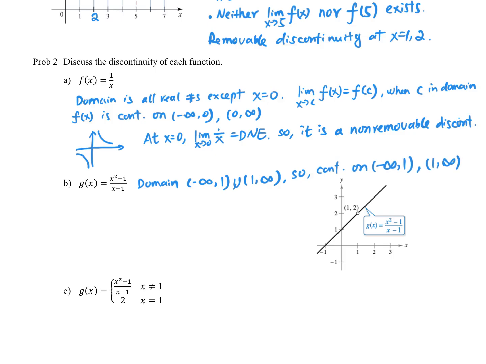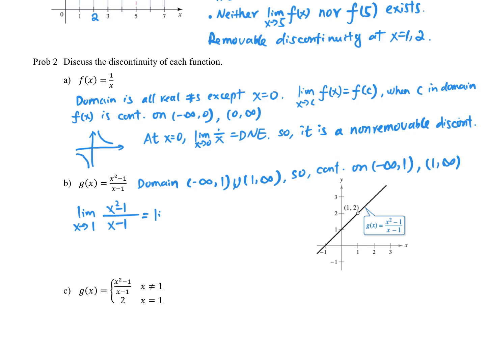Now, let's look at what happened at x equals 1. Let's look at the limit as x approaches 1. That means when x is very close to 1 but not equal to 1, right?